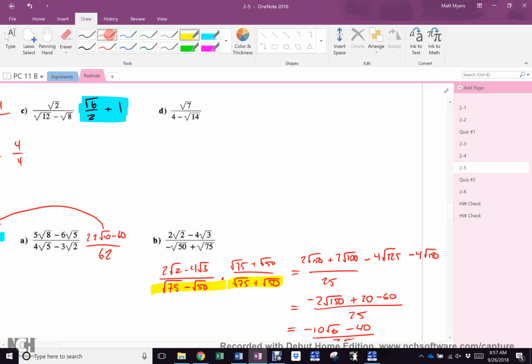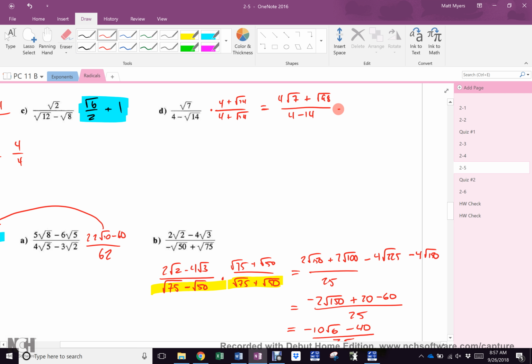So, Deepinder asked about D. I've got to rationalize that denominator. So, 4 plus root 14 over 4 plus root 14, yeah? So, the top is 4 root 7 plus root 7 times 14 is 98, over 4 minus 14, yes?